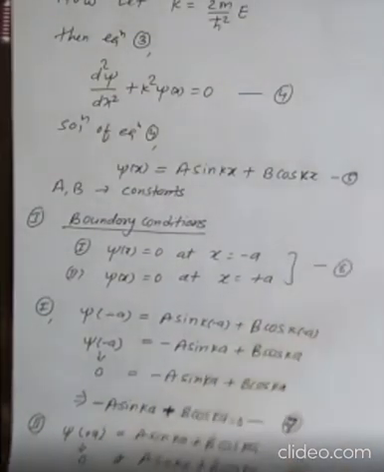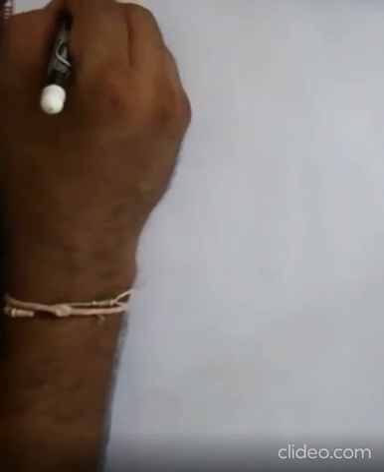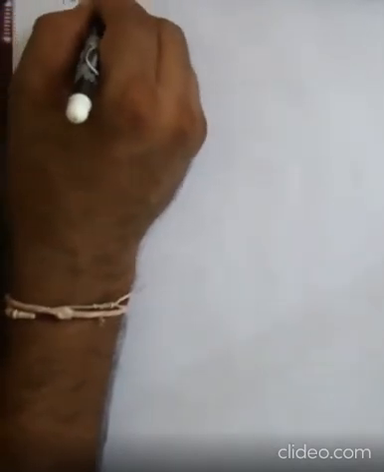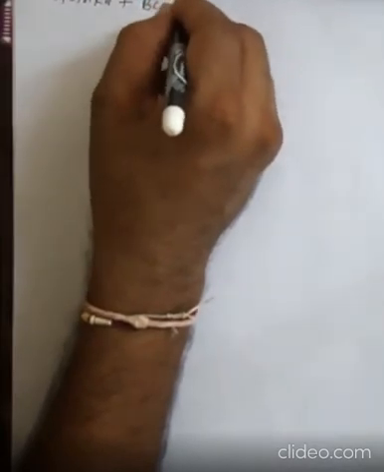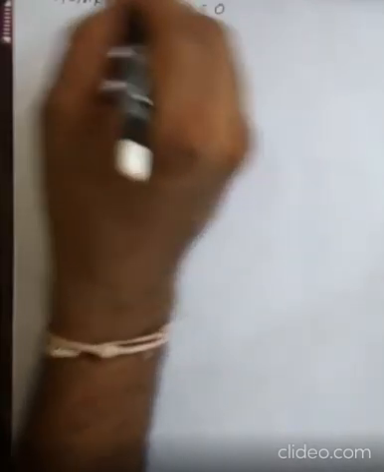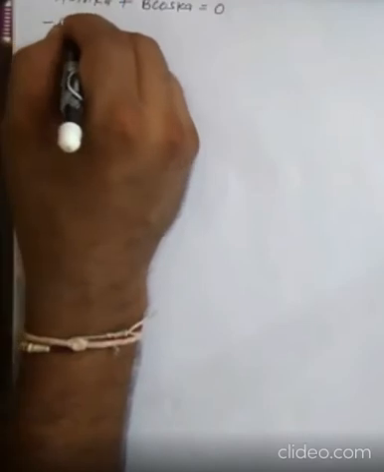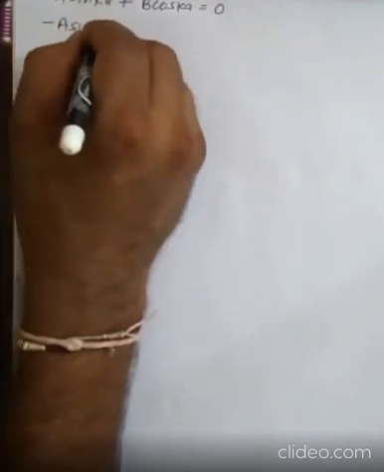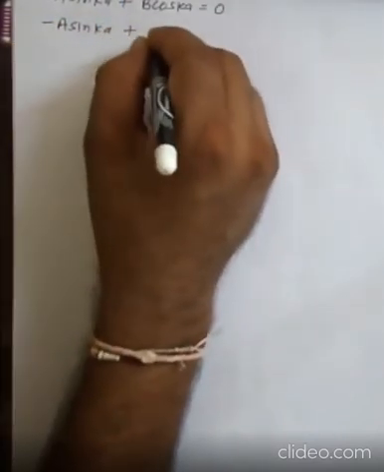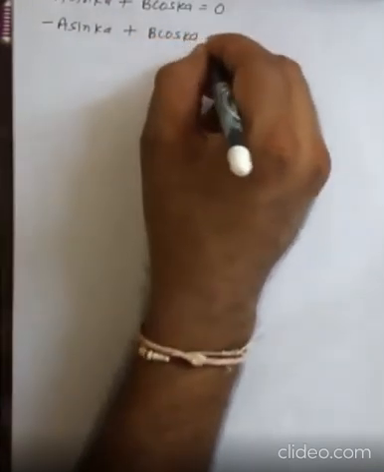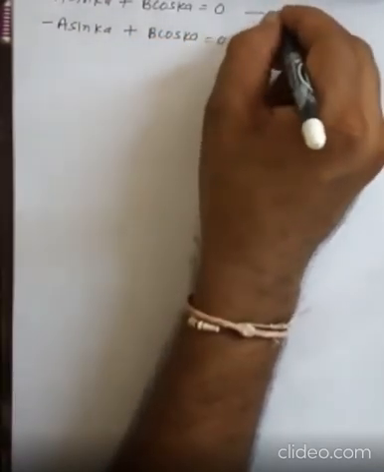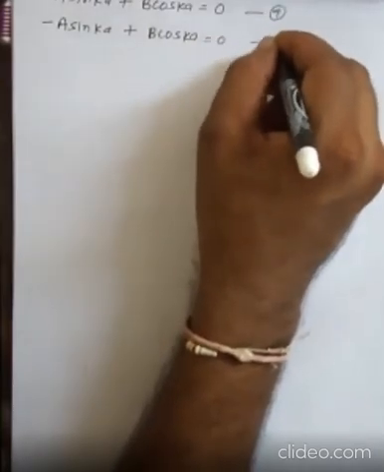So now we got two equations. One is A sin ka plus B cos ka equal 0, and the second one is A sin ka plus B cos ka equal 0. That's equation number 9 and equation number 10 here.